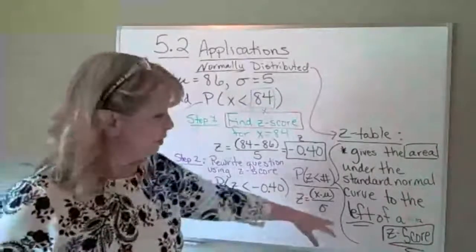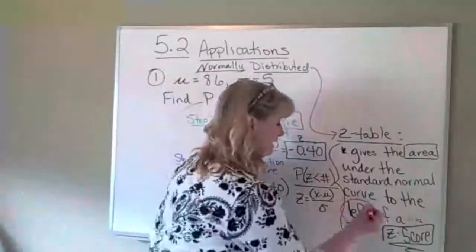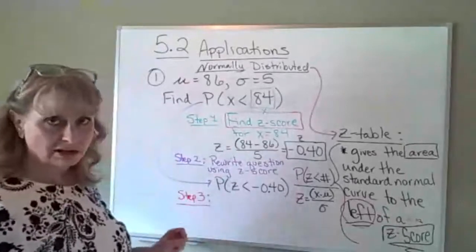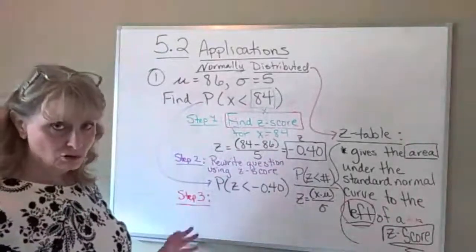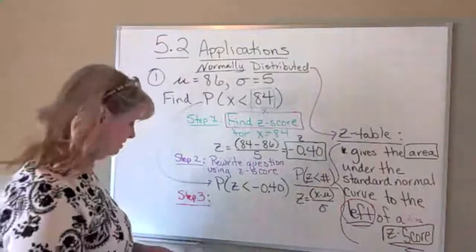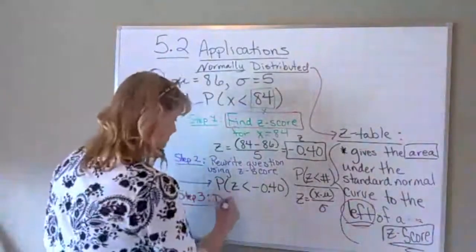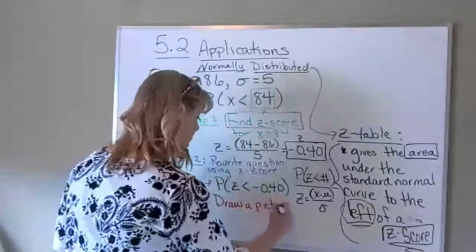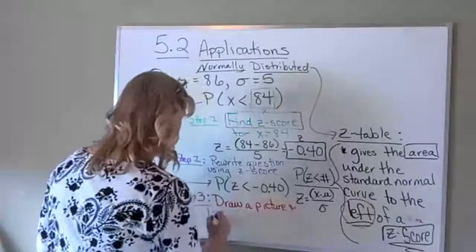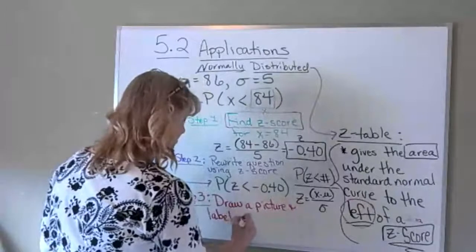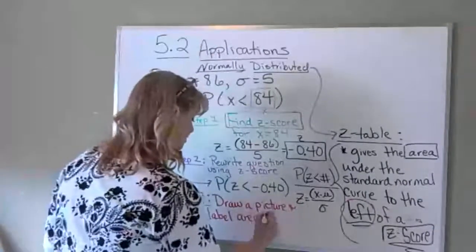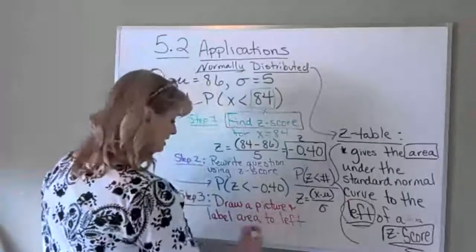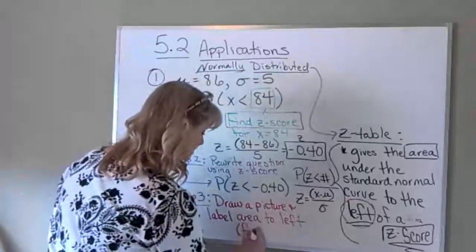Remember, the table always gives you the area to the left of a z-score. So we're going to look up the area to the left of the z-score. So step 3, draw a picture and label the area to the left. And we're getting that from the z-table.